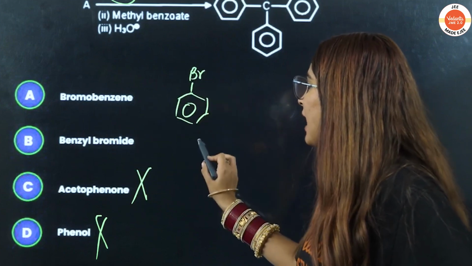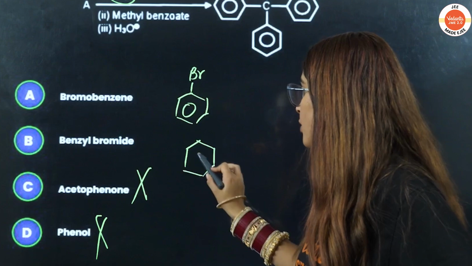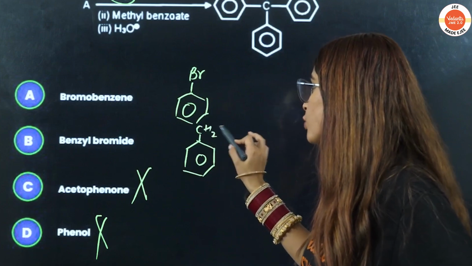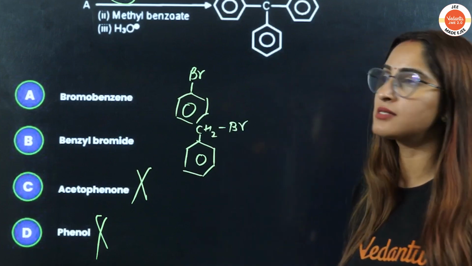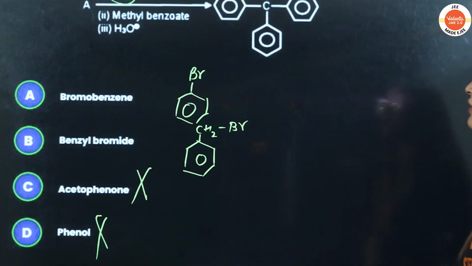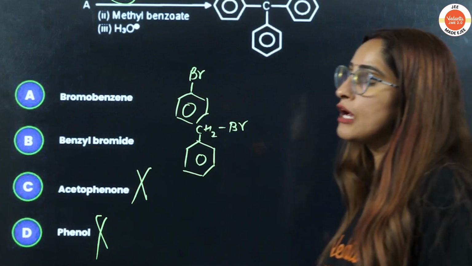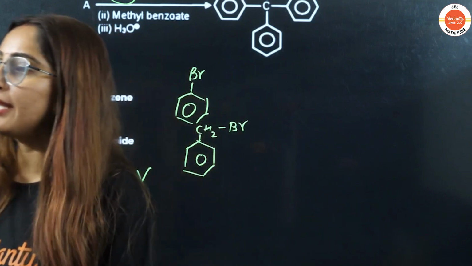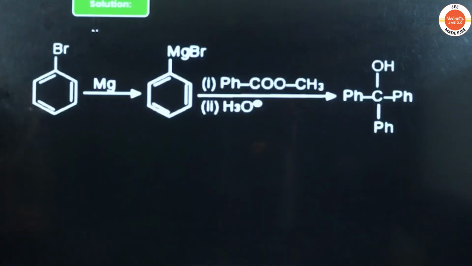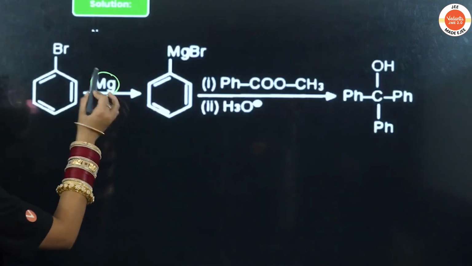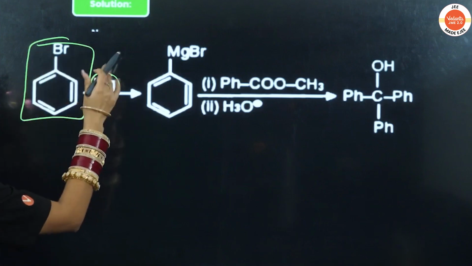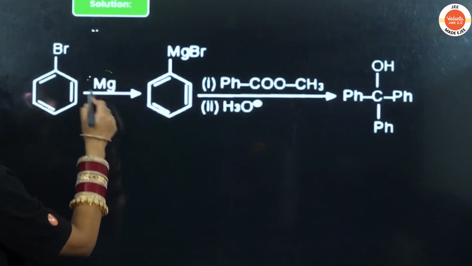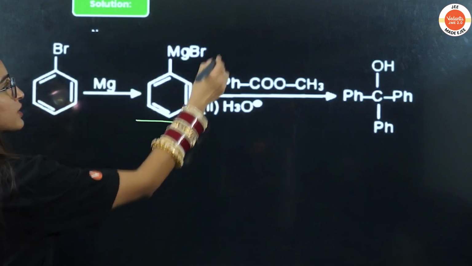Bromobenzene, or I can have benzyl bromide. Beta, even if you don't know the answer, even then you can answer this. How? Firstly, you will have the reaction of bromobenzene with Mg, and you will have the formation of this Grignard reagent.